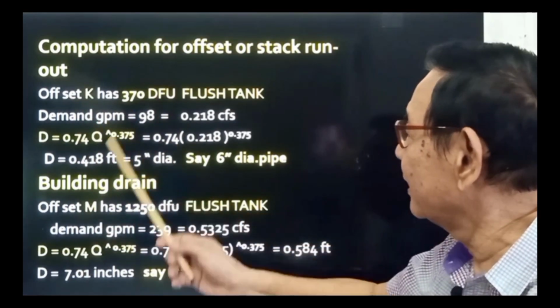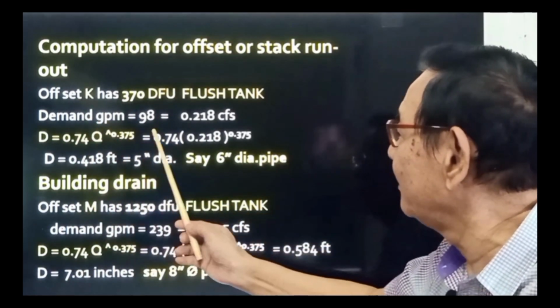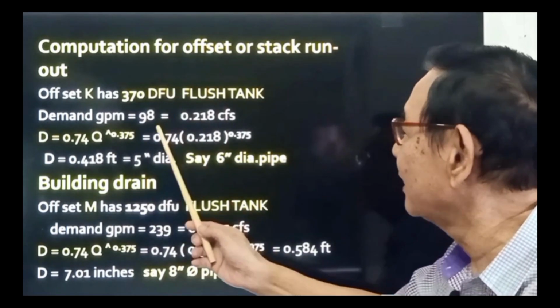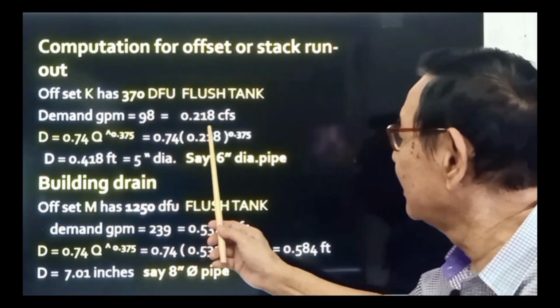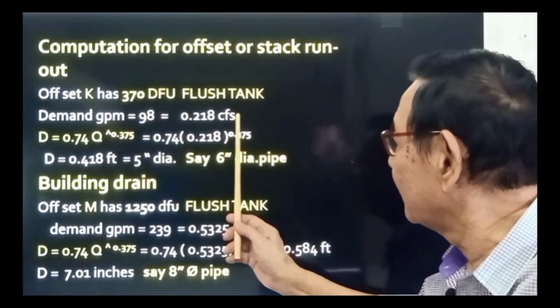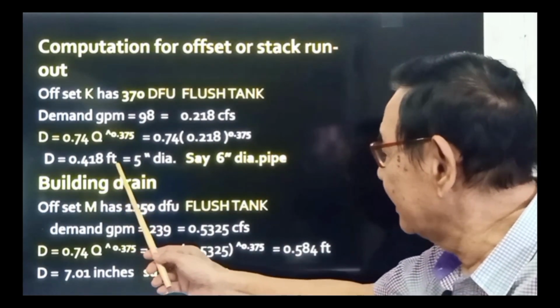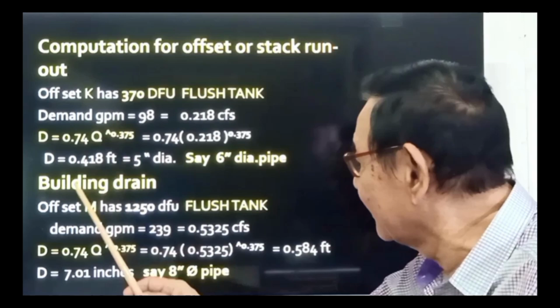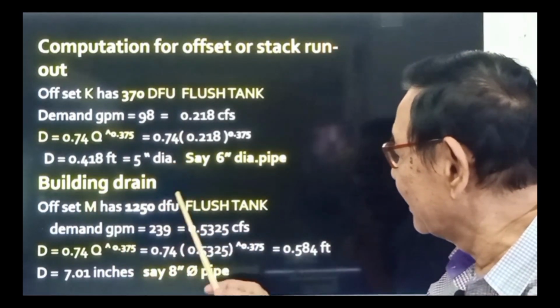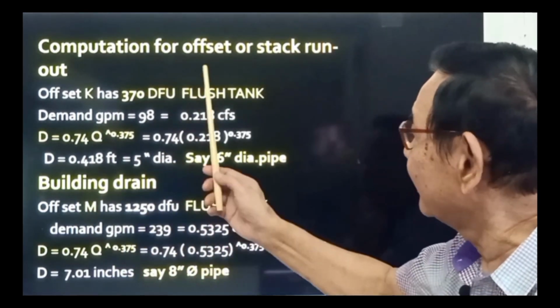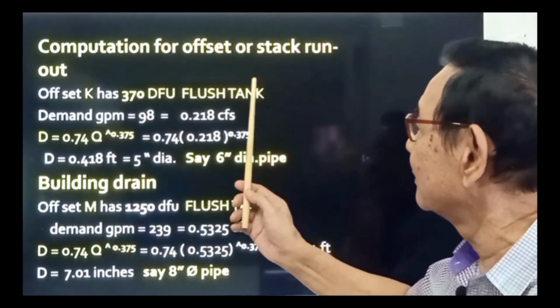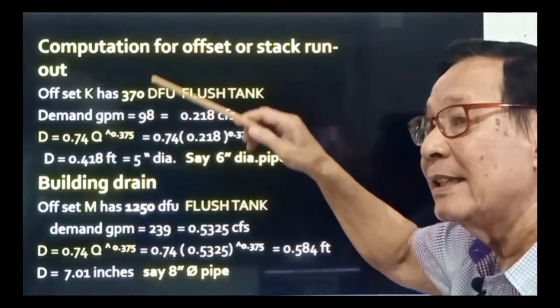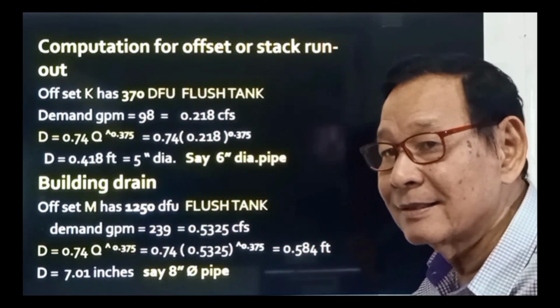The offset has 370, and the demand is 98 GPM for flush tank. I use flush tank here, 0.218 cubic feet per second. The diameter is equivalent to 5 inches or 0.418 feet, so for 5 inches diameter, use 6 inches diameter. That is the offset of the stack runout of the higher level of stacks.